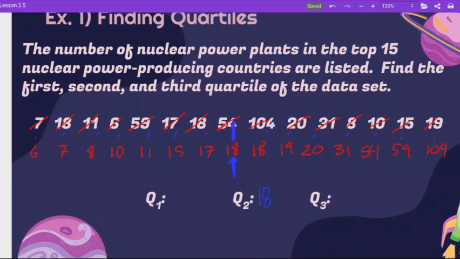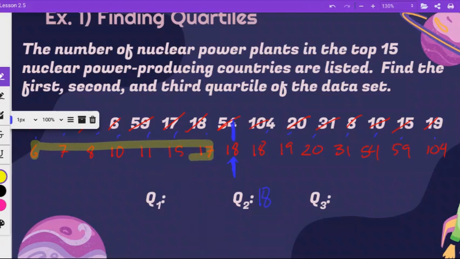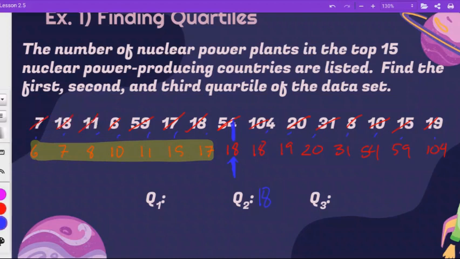And so what I need to focus on now is just the data to the left, for right now, of our median, or our Q2, and then I'm going to find the middle number of the ones that I just highlighted. So again, we go from the outside in, and we can see that that is 10. So 10 is the middle number of the first half of the data.